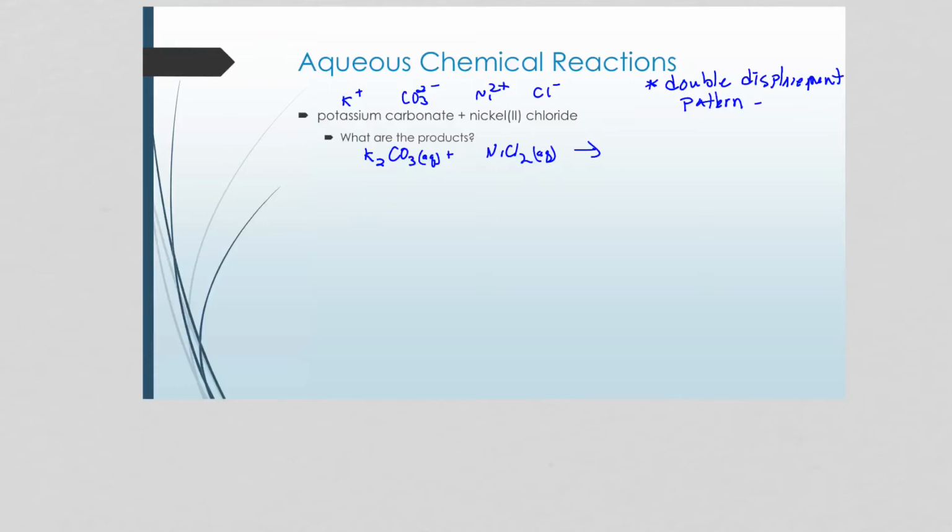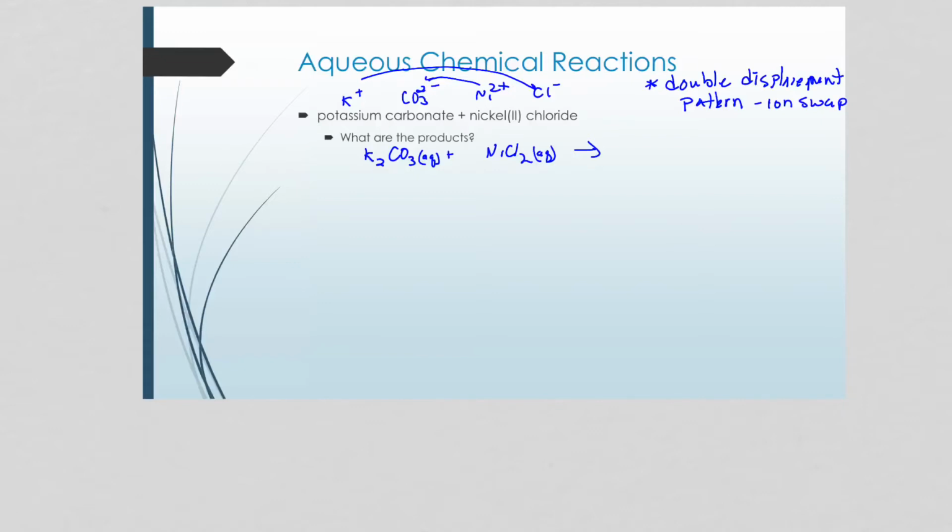Or one other way to describe this is that they ion swap. So in other words, the positive ion in the first compound swaps to pair with the negative ion in the second compound, and vice versa. The positive ion in the second compound swaps to pair with the negative ion in the first compound to give you your products.